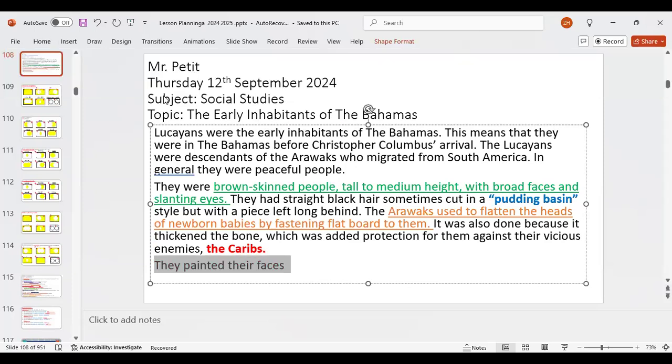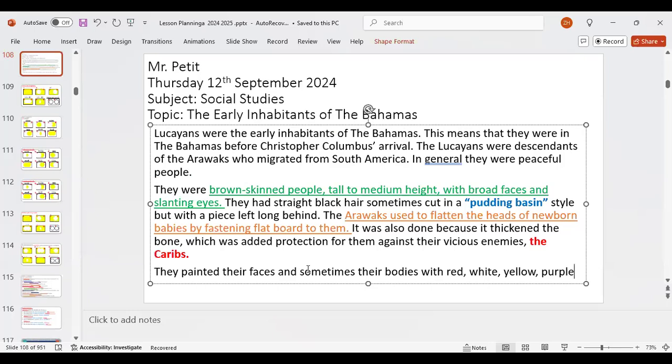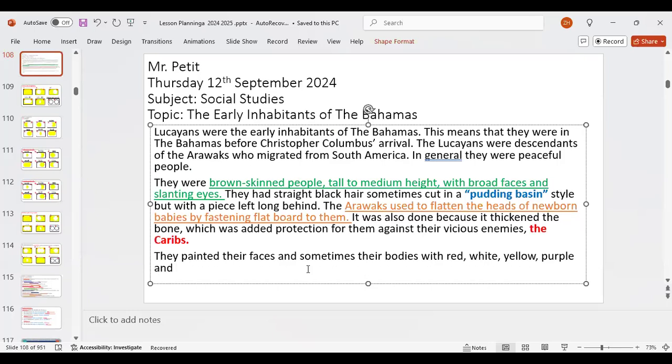So they painted their faces, and sometimes their bodies. Fun fact, Mr. Petit, the Caribs are still around. They just kidnapped a YouTuber a couple months ago. So red, white, yellow, purple, and what else? And black mixtures.